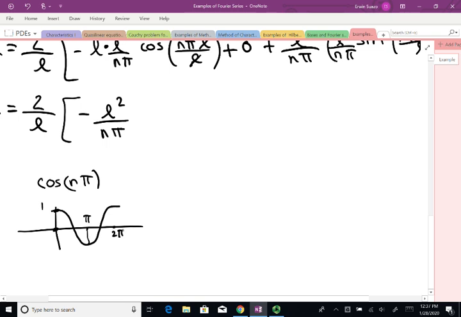This is 2 pi, so it's going 1, minus 1, 1. You see? So let's keep going to see if I convince you. This is 3 pi. And this is 4 pi. So when it's odd, it's negative 1, and when it's even, it's positive 1.